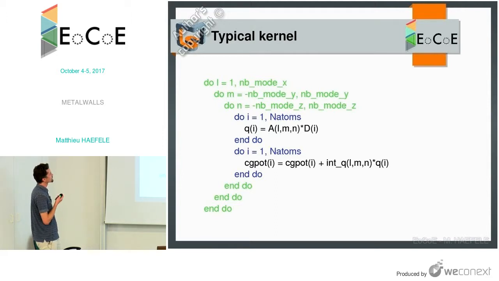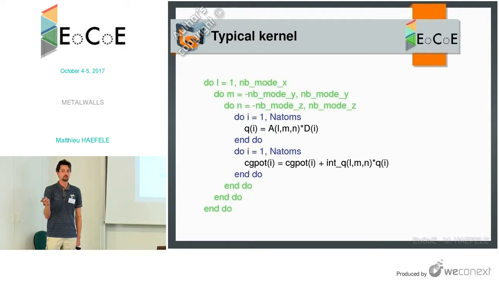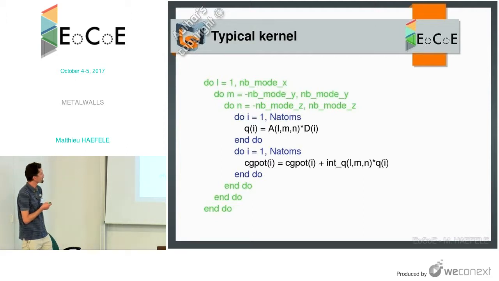One of the first things we had to do to go from Xeon to KNL was cache blocking, because this array is quite large, typically several tens of thousands of elements. So when you finish computing this quantity, the beginning of this array is already back in memory, and you fetch it again from memory here.